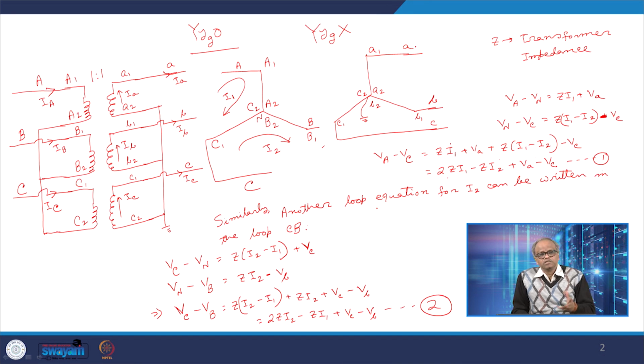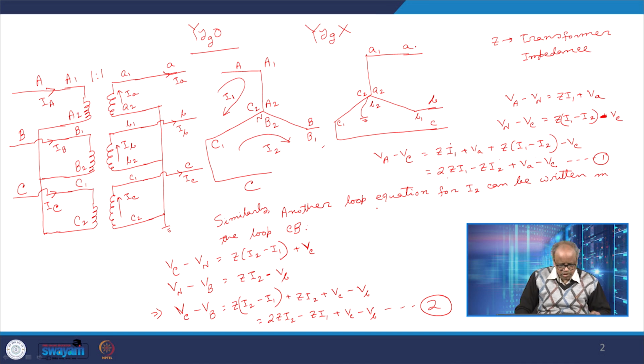So, essentially this is the same process as in the case of a YD transformer. The only difference is that instead of the line to line voltage for a YD transformer, essentially the phase voltage would be reflected here. The other process is identically the same. So, essentially this is the process, other than that there is no change.